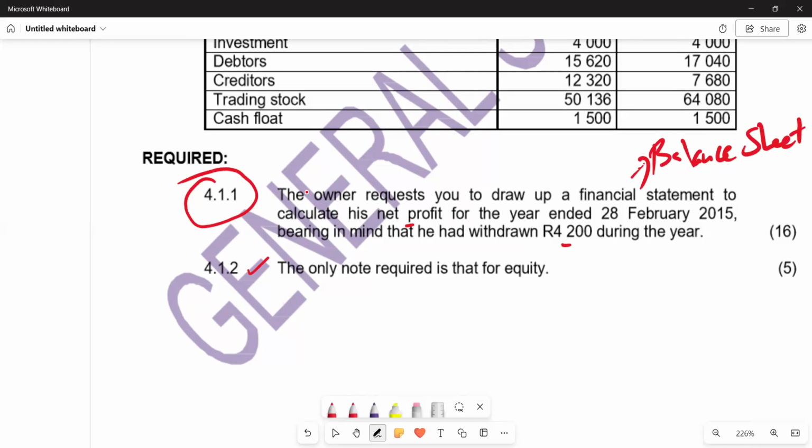We found the figure for net profit and the closing capital that is supposed to be in the balance sheet. We are just going to reiterate how we arrived at the closing capital that we have to include in the balance sheet.